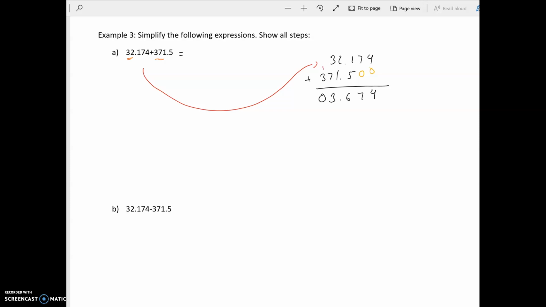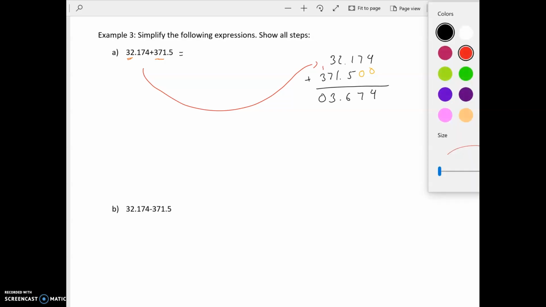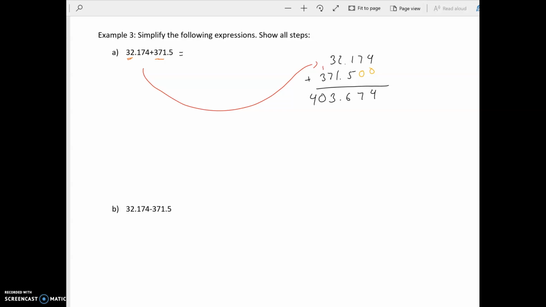I'm just going to put the 1 above the 3, and your answer is going to be the first digit, a 4. So our answer is going to be 403.674.